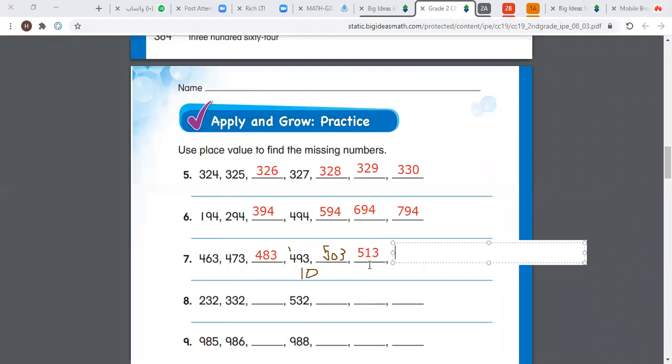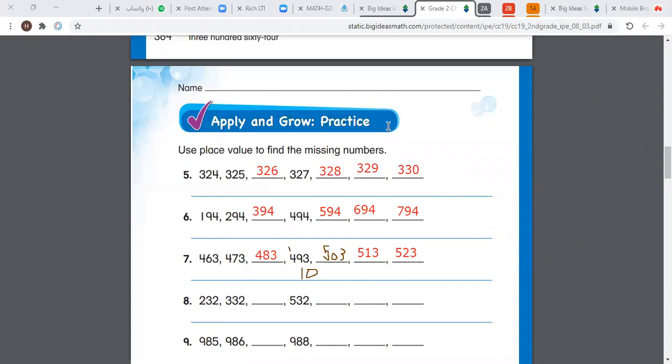Can you see the tens here? Increase 1, it will be 523. Okay, yes, 523. Thank you, Omar Abu Hilal.